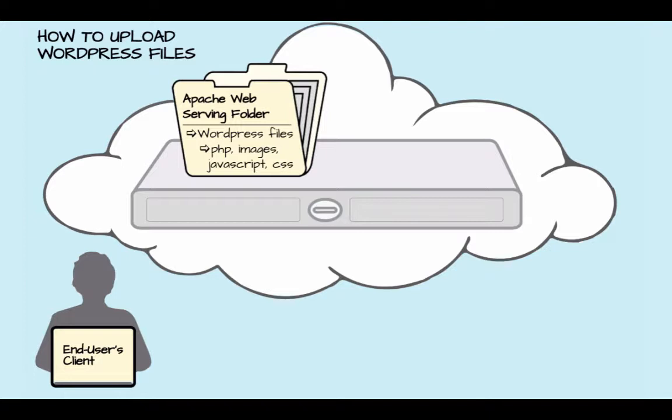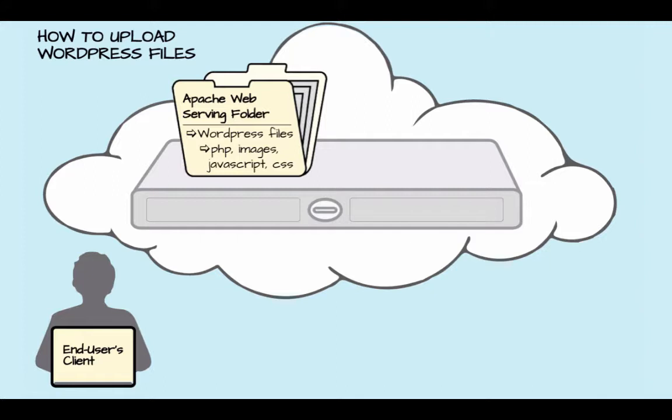What we've got here in this diagram is a little person with his little computer, and it says end user's client. Not about a browser necessarily, but you could be using FileZilla, or if you're on localhost and this isn't really in the cloud, this installation of WordPress is going to be on your local computer environment, then you're going to have your end user client no matter what.